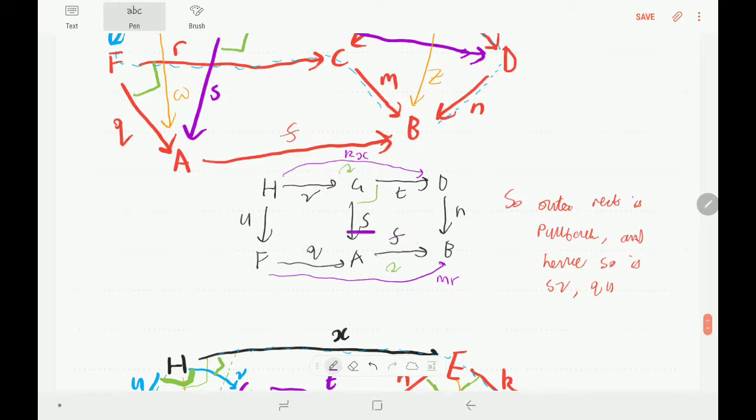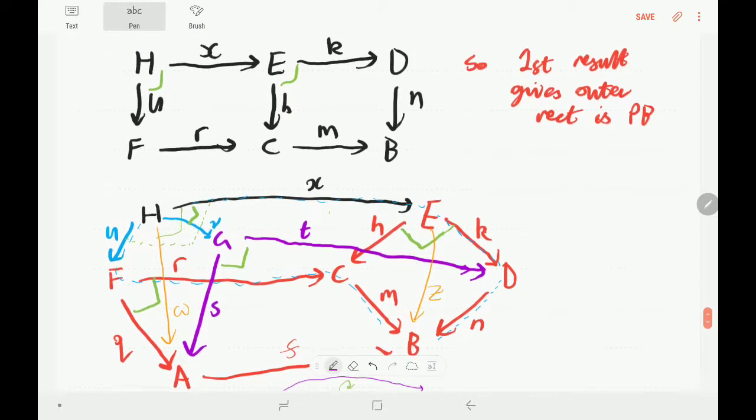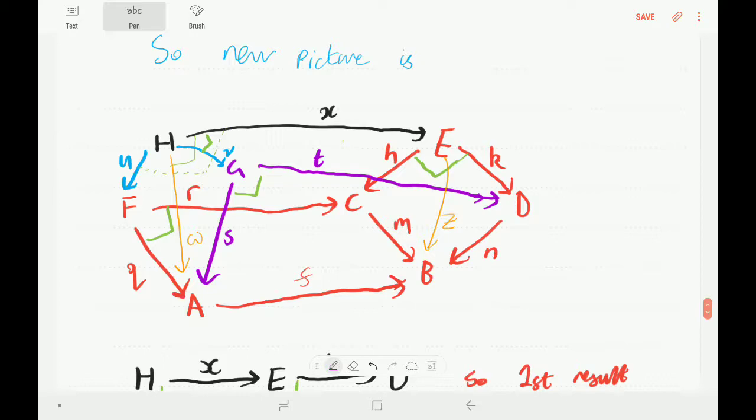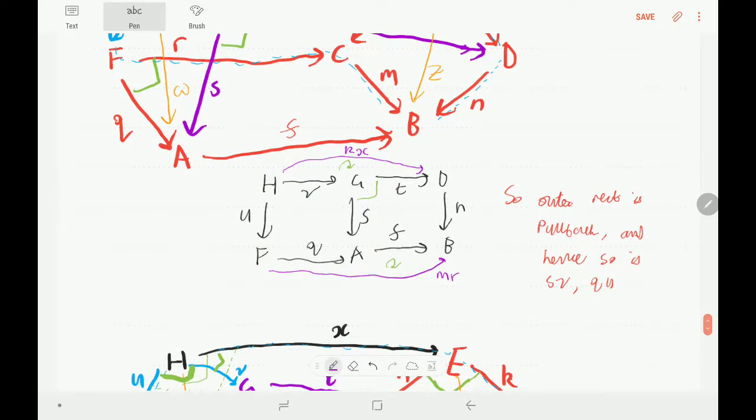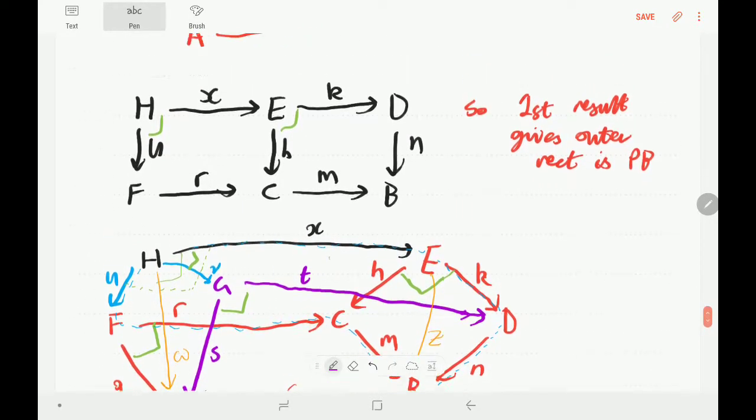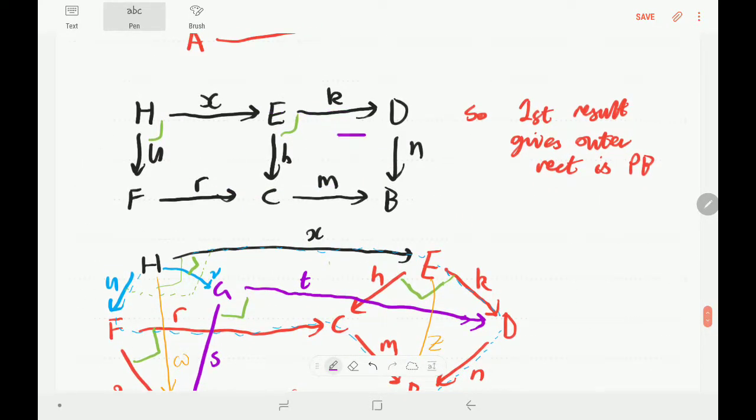Similarly, we must have FQ is MR, because we know that this bottom face of our cube is a pullback. So we can replace TV with KX and FQ with MR, and then we have just this. And we've just shown that this outer rectangle is a pullback.